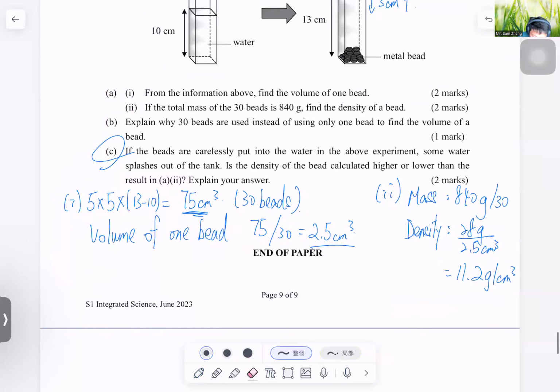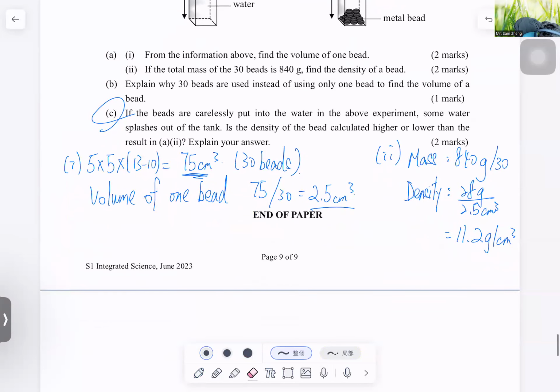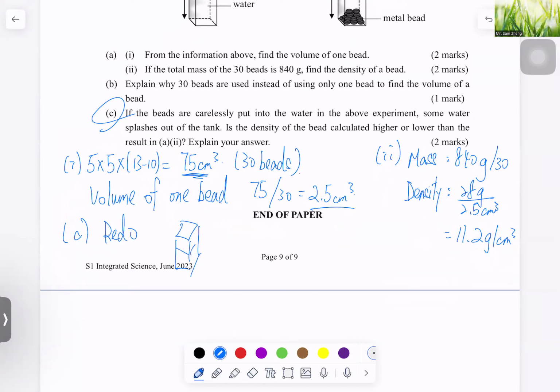So now, we redo it again. We try to add the beads inside it, then some water will be splashed out. Originally, it may be 13 cm, but now what happened?